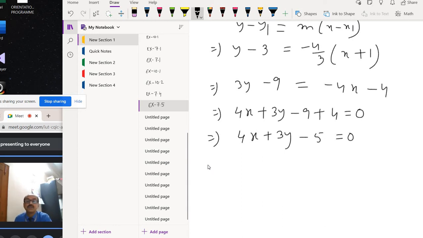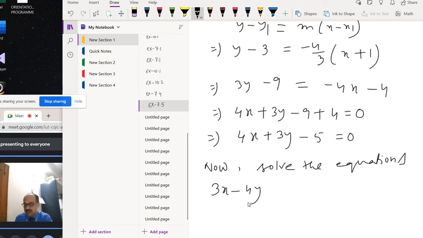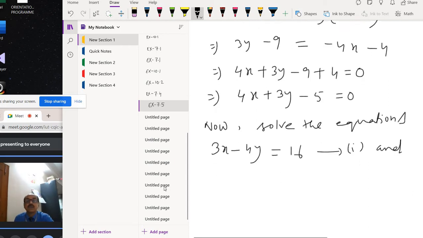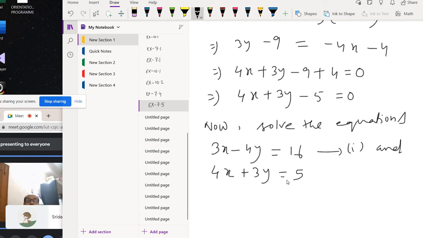Now solve the equations: 3x minus 4y equal to 16, this is number 1, and 4x plus 3y is equal to 5, this is number 2.